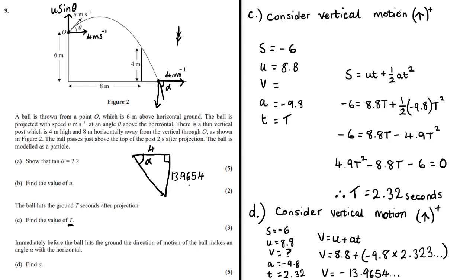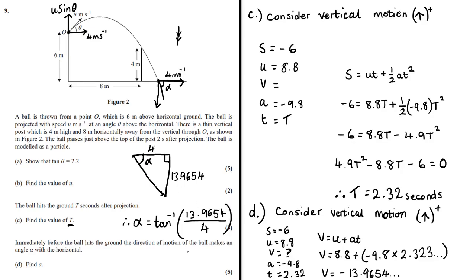Okay, so in that case, if I want alpha, this is just simply an application now of basic trigonometry. I've got my opposite, I've got my adjacent, so this is going to be tan that we're using. So therefore, alpha is equal to tan inverse of the opposite over the adjacent. So 13.9654 all over 4 there.